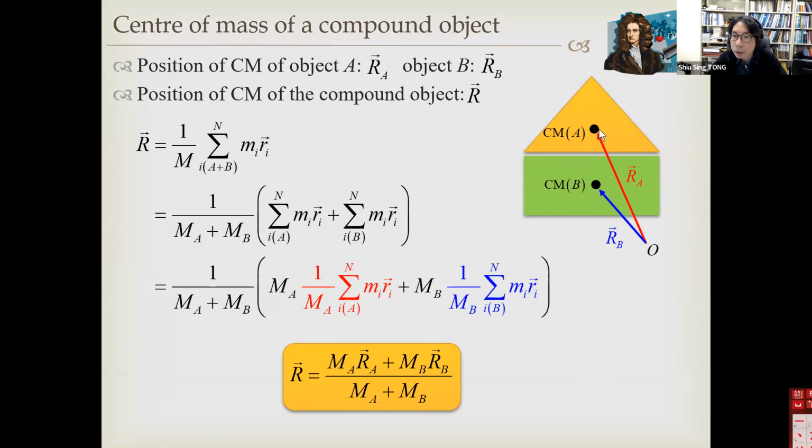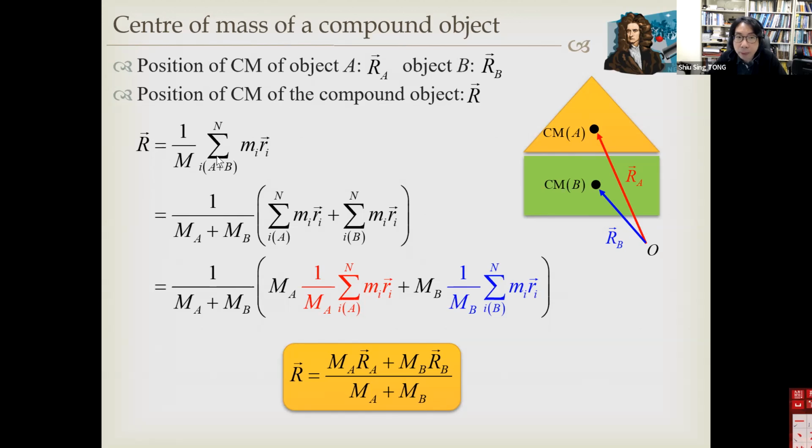We suppose the center of mass of the first object, which we call A, is at RA, while the center of mass position of the second object, which we call B, is RB. So RA and RB are the center of mass positions of the first and the second object, and we want to find the center of mass position R of the composite object.